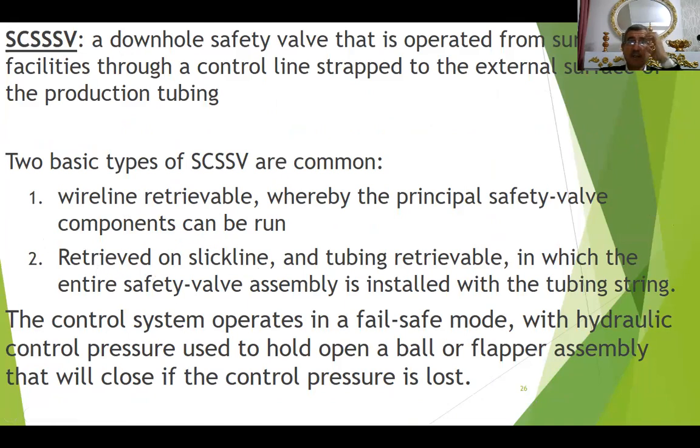Wireline retrievable can be set in the well for 12 to 24 months, then we can retrieve it and do maintenance. While tubing retrievable will stay in the well for 20 or 30 years without pulling it, except if it fails, then we can move a workover rig and replace it after pulling the completion.